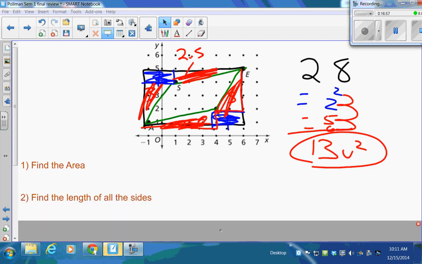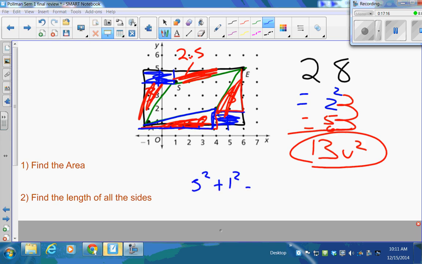Now you have to find the length of all the sides. I am not going to take the time to do this because we've done this. But if you have from here to here, you can make a triangle out of this. And you can do 1, 2, 3, 4, 5 squared plus 1 squared equals c squared. That's 25 plus 1 equals c squared. So that's 26.